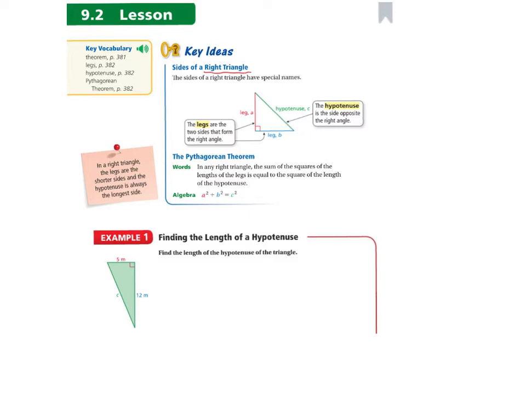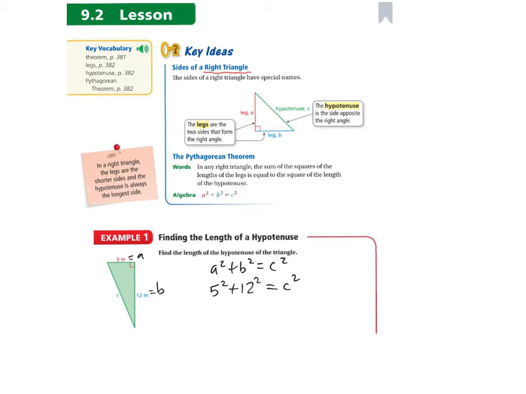So what we're trying to do is use the Pythagorean theorem, which is a squared plus b squared is equal to c squared, where we obviously have this one will be a, this will be b, and then they have c labeled for us. And it doesn't matter which one we use here, but this will be 5 squared plus 12 squared equals c squared.